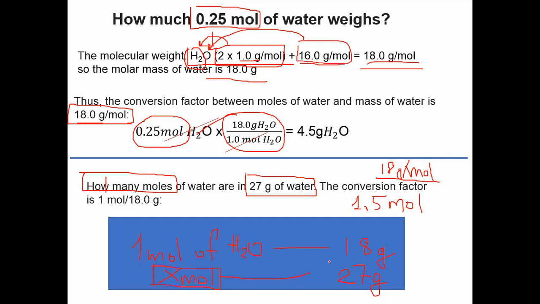It's just cross multiplication. So the number of moles, X moles, is going to be 27 grams divided by 18 gram per mole, right? Okay, so how much is 27 divided by 18?